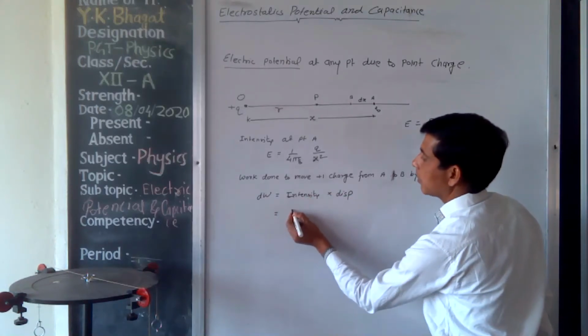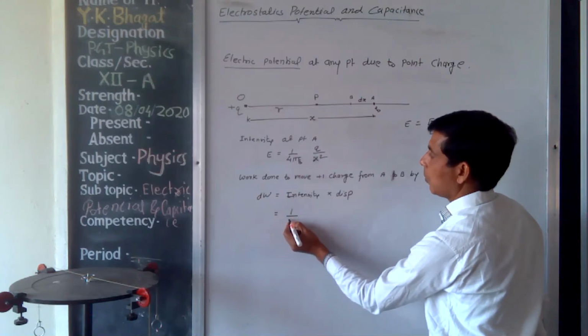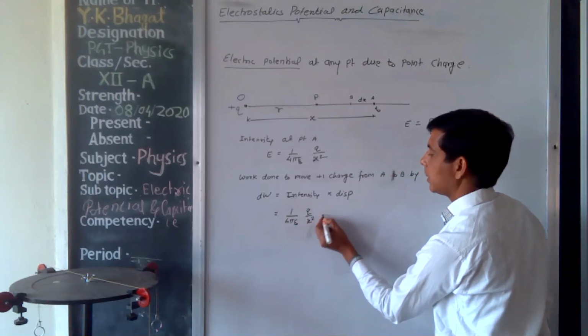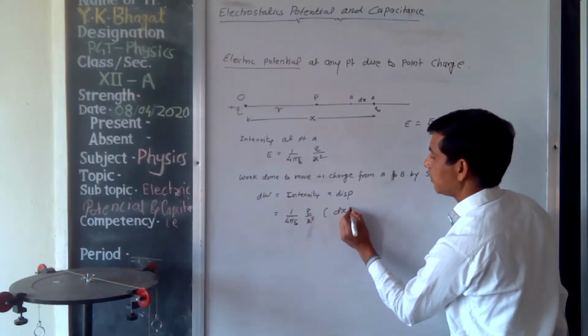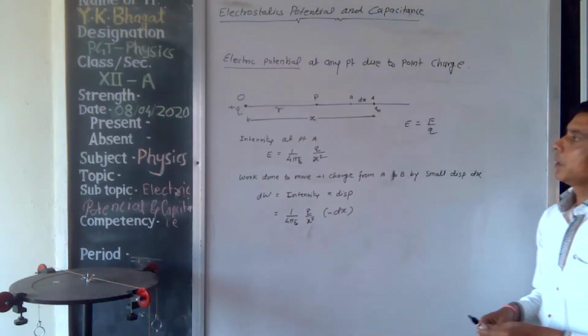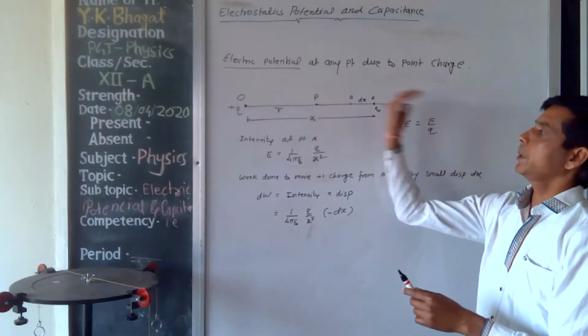Then it will be equal to intensity, and the value of intensity is given here as 1 by 4 pi epsilon naught Q upon x square, and displacement is dx, but taken as negative. Why negative? Because the intensity is directed outside due to a positive charge.